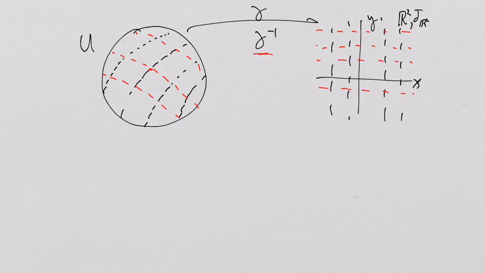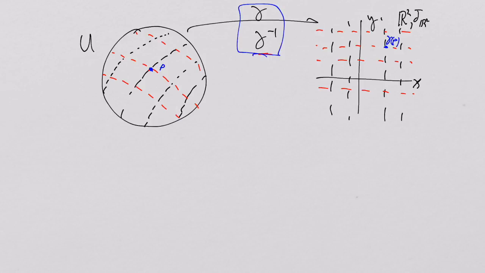So a point P, well, I should change the color for P. A point P will be literally labeled through this mapping and inverse mapping. I could put point P over here. Well, that would be gamma of P, right?